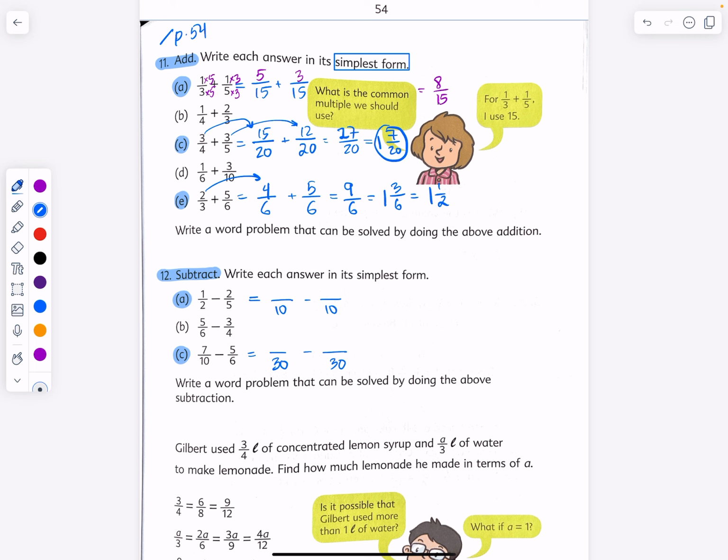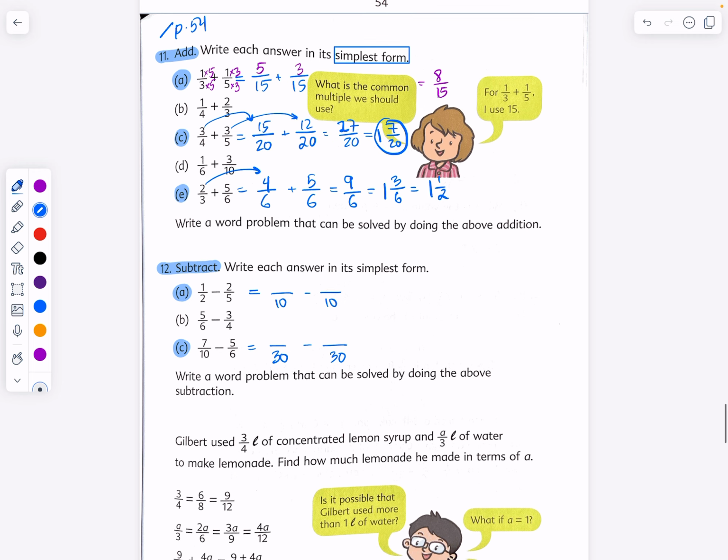Now that we found the common denominators, let's transform 1/2 into 5/10 and 2/5 into 4/10. 5/10 minus 4/10 is 1 out of 10. This is all review of 5th grade.